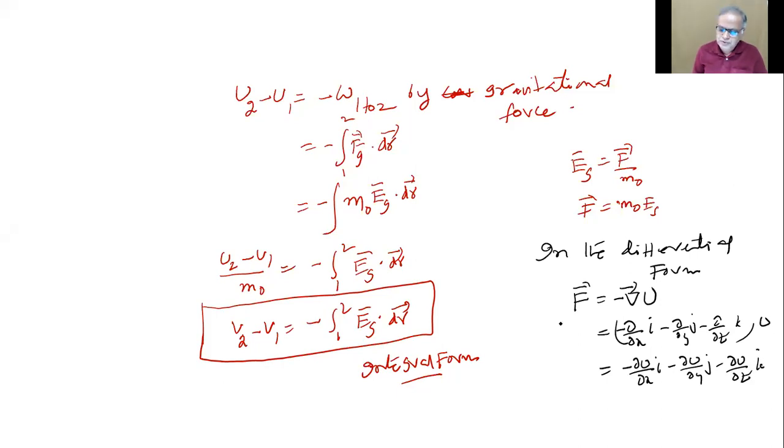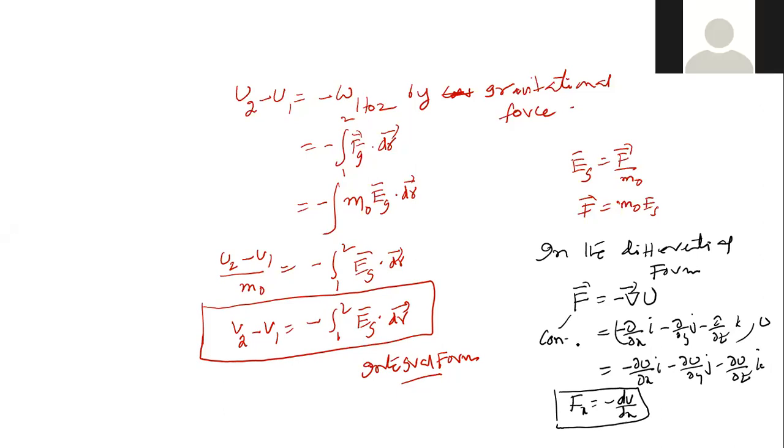And supposing force is only in x direction, you could write it simply Fx equals minus dU by dx. You can make it an exact differential because you know it is just along x direction and may not depend on y and z. So this is the differential form of a conservative force. If I divide this by m naught, I'll get the differential form of potential difference also.